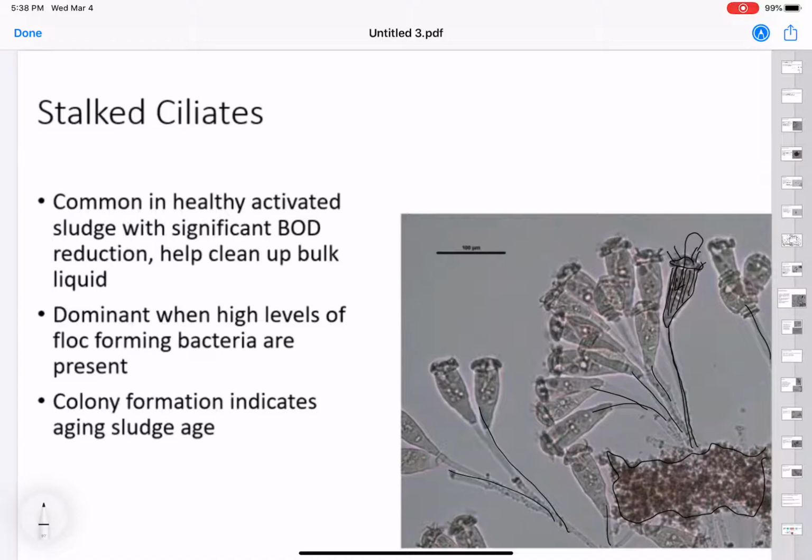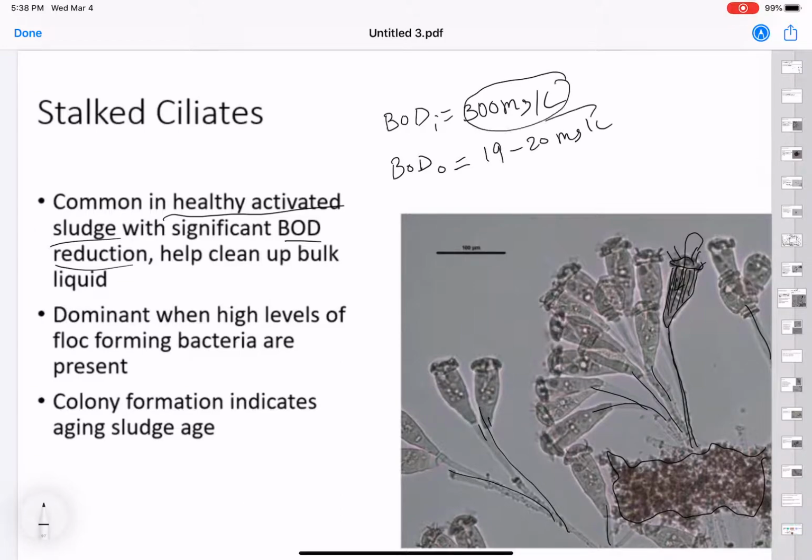Okay? Sometimes you'll have double stalked ciliates. This is common in healthy activated sludge. We need this in healthy activated sludge with significant BOD reduction. So BOD will start coming into the system at around, let's say, 300 milligrams per liter, and leaving, let's say, at around 19 or 20 milligrams per liter. This is a very good reduction of biochemical oxygen demand.